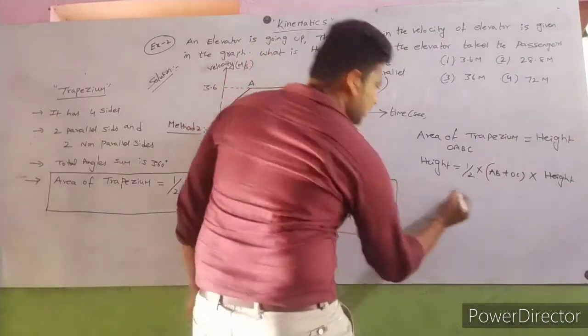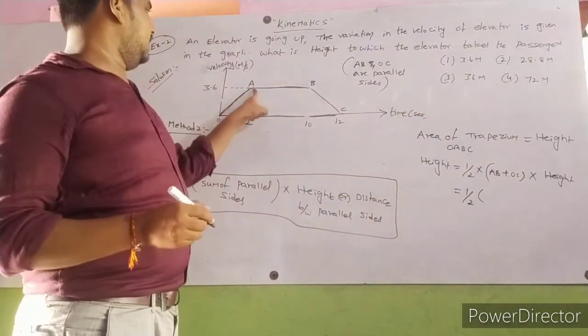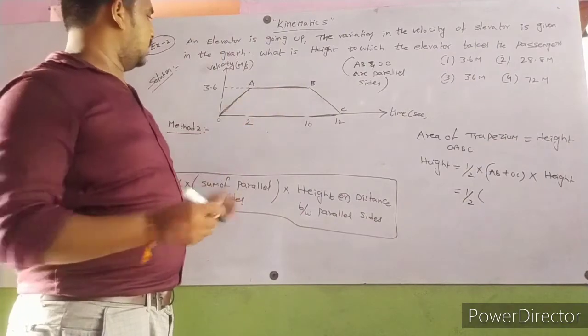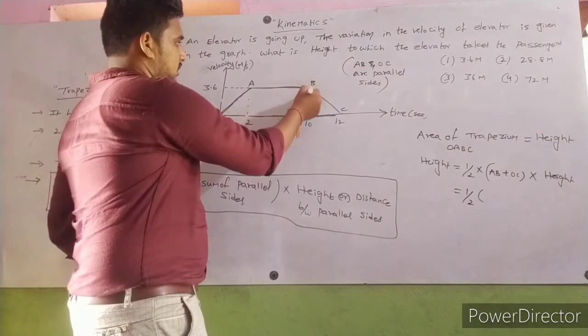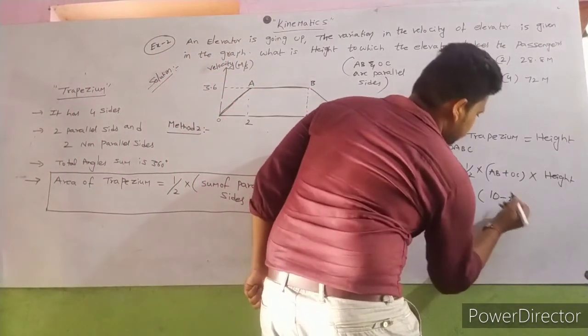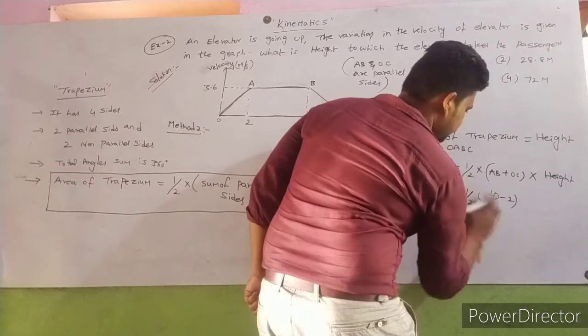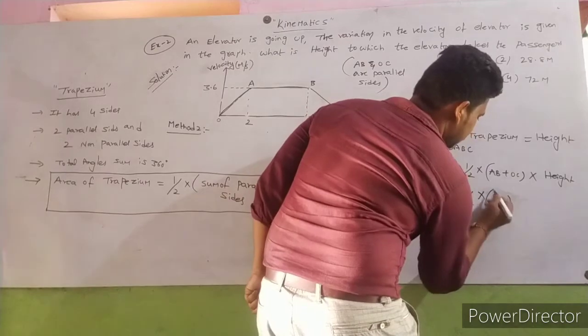Observe carefully: AB is 10 minus 2, so this distance is 8.